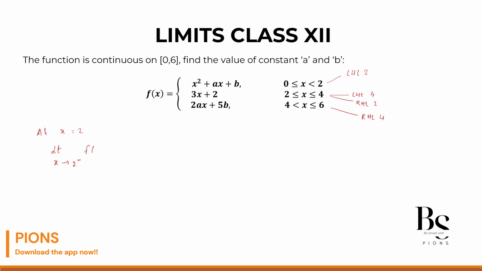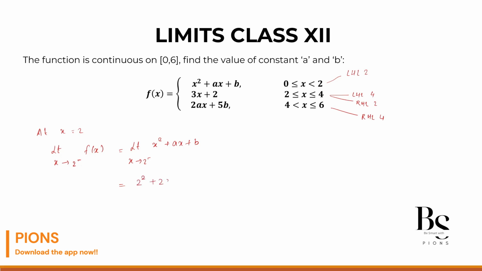Limit x tending to 2 minus f of x. Now which function will be called for 2 minus? 2 minus is left hand limit. So our first function will be called, and this will be limit x tending to 2 negative of x square plus ax plus b. Now if I put here 2, be very careful, you don't have to substitute minus 2, you have to substitute 2 only, because 2 negative means left hand limit of 2.